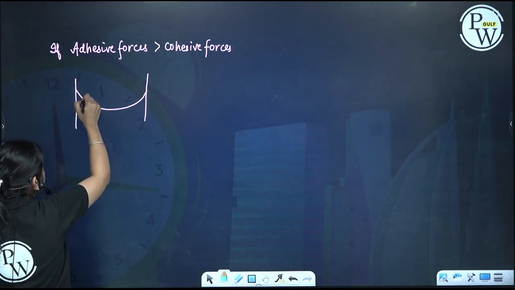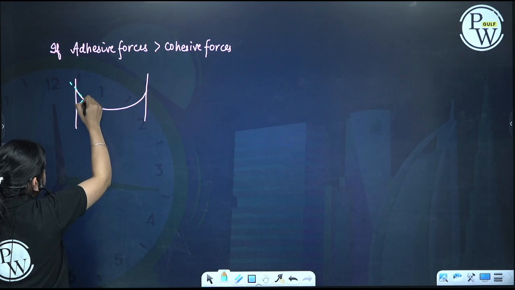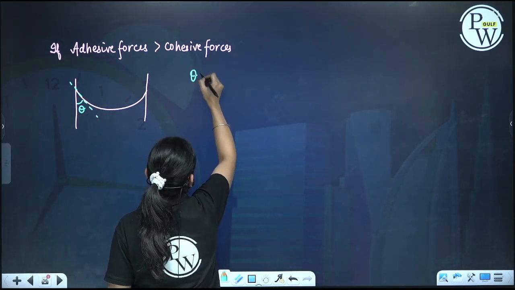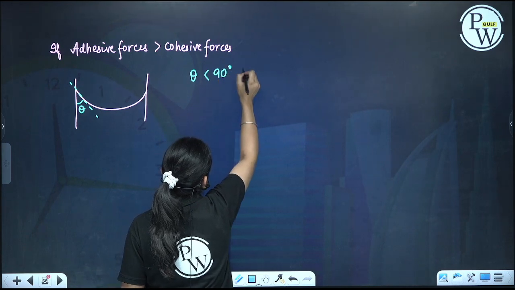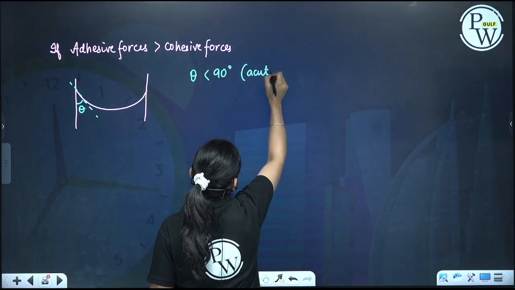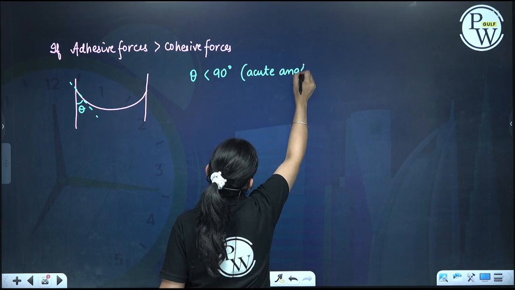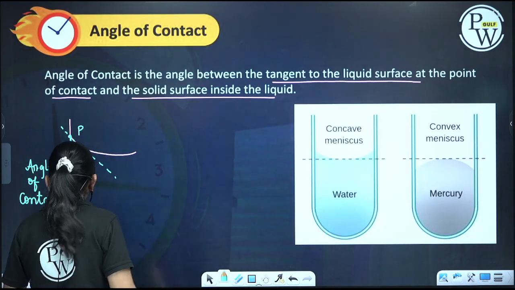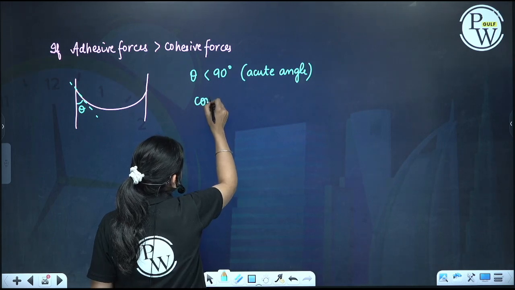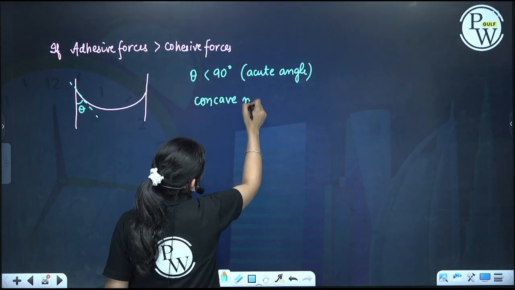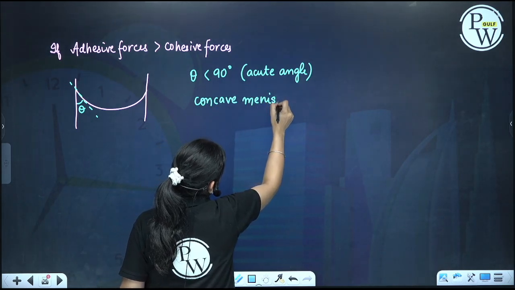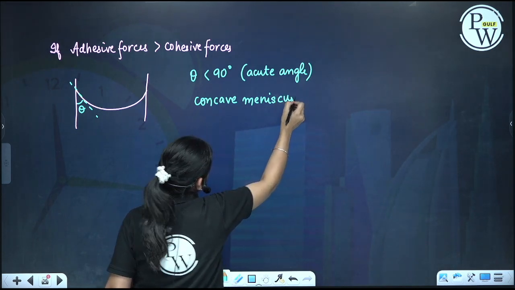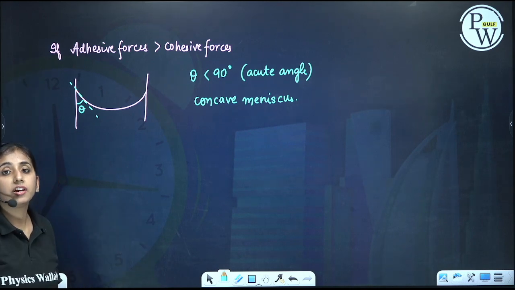So the angle of contact is an acute angle, theta is less than 90 degrees, and the meniscus formed will be a concave meniscus.